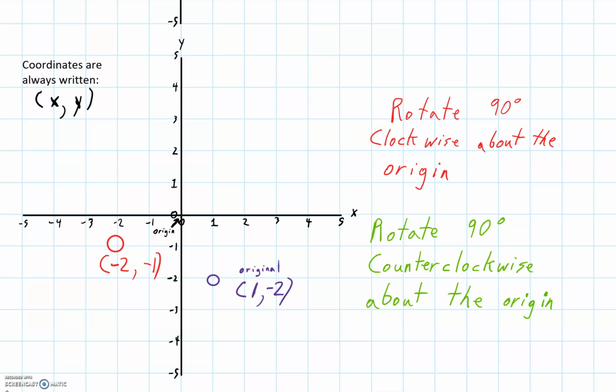I know that sometimes is difficult, especially for the more mathematical minded of you. But thinking about it visually will definitely help. There are ways to do it without thinking visually, but it's too complicated for grade 6. So that was a 90-degree rotation clockwise about the origin. What about 90 degrees counterclockwise?